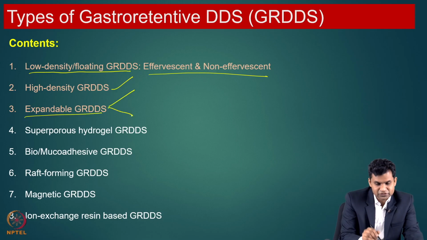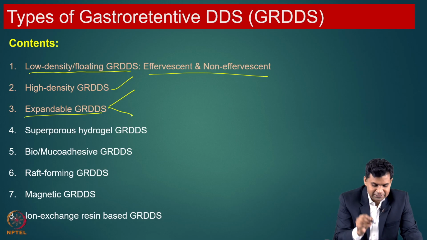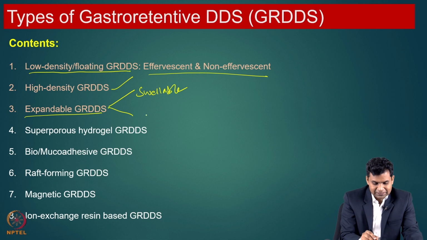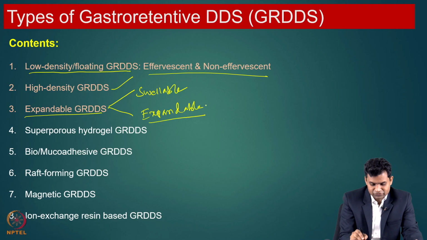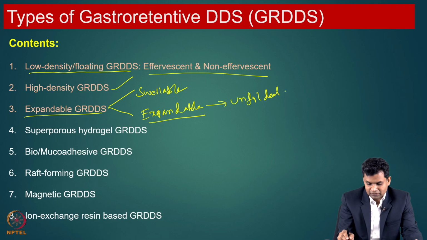And here also we have seen two different topics. One is the swellable gastroretentive drug delivery systems, and the other is the expandable, in which we have seen the unfolded expandable systems.